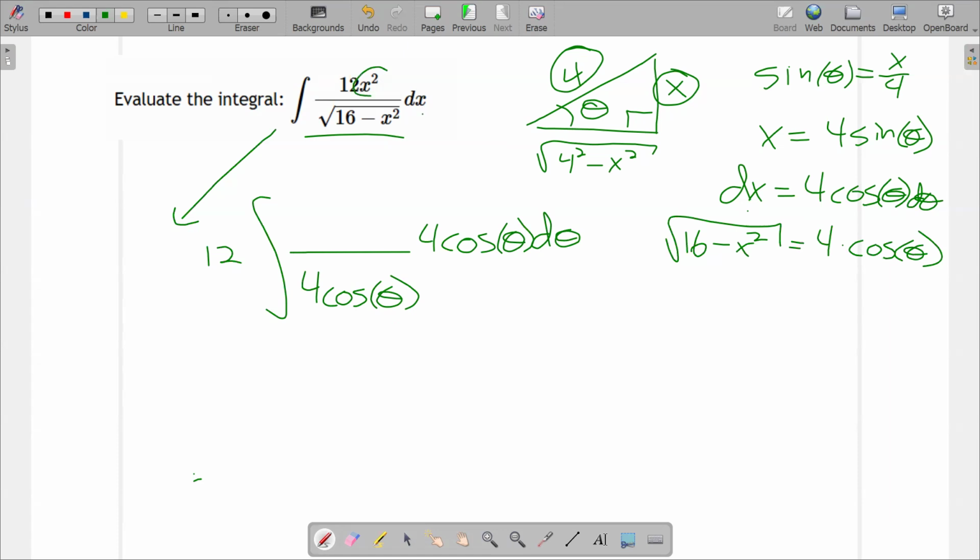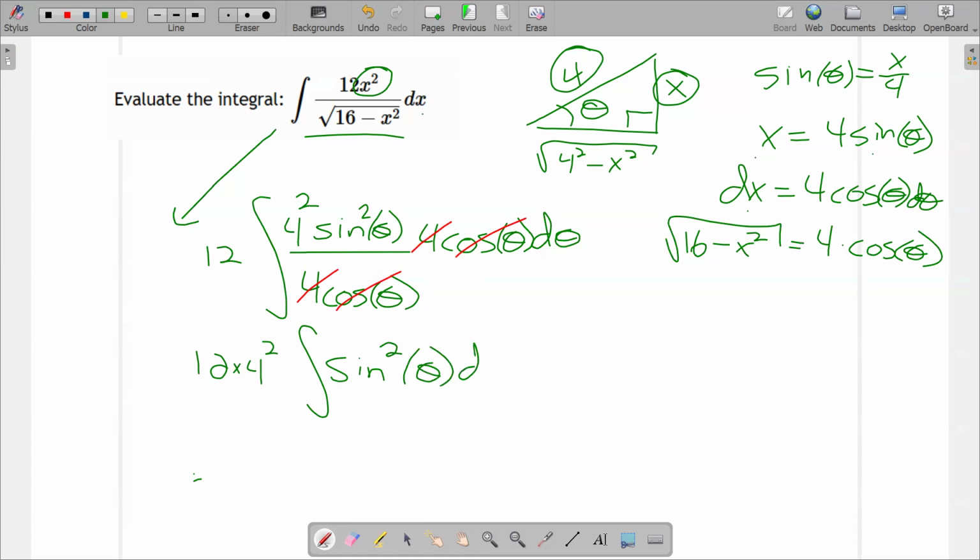The only thing left is the x squared, but if we know x is 4 sine, we can just square both sides. And so x squared should be 4 squared sine squared of theta. And then beautifully here, lots of stuff goes away. 4 divided by 4, cosine divided by cosine. And I'm left with 12 times 4 squared integral of sine squared of theta.